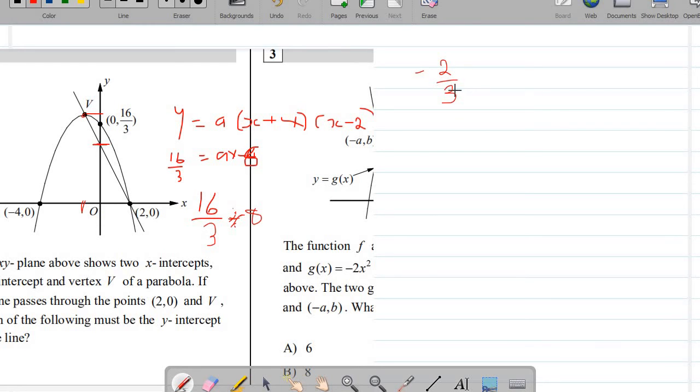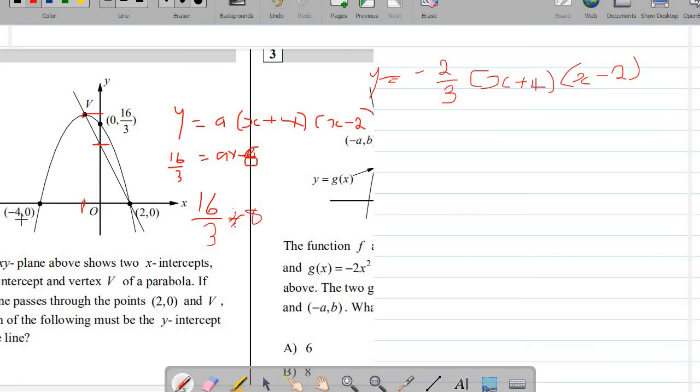So we have minus 2 over 3 into x plus 4 into x minus 2. We don't have too much time to start expanding that. So that's the equation of the curve, y equals this. We're looking for this midpoint.